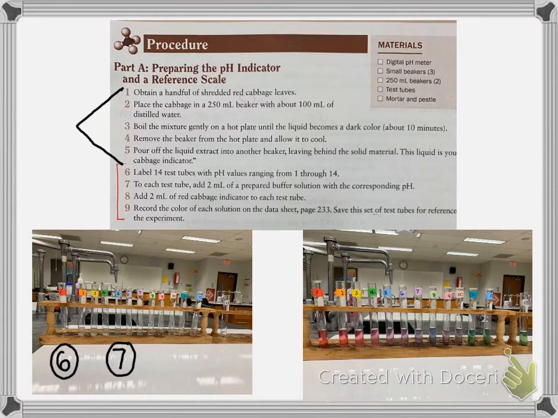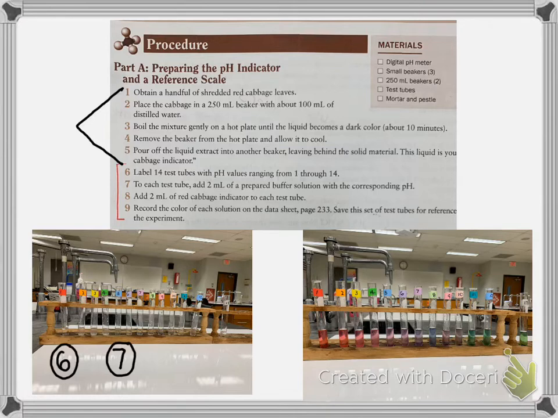So we have a pH buffer of 1, and that solution always has a pH equal to 1. If I had a pH buffer solution that had a number 10, then that solution would always have a pH of 10. So we had 13 solutions, each with their own pH range from 1 to 13.